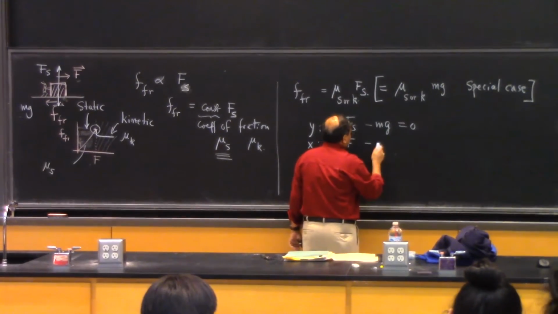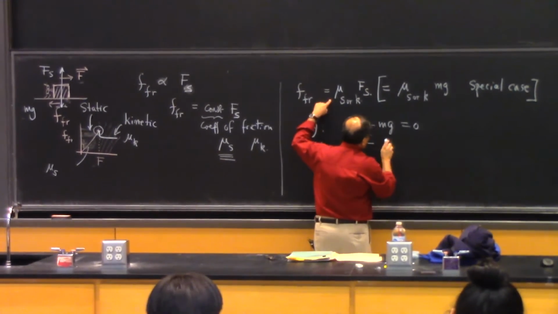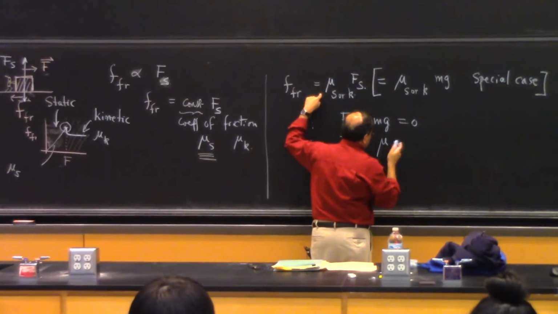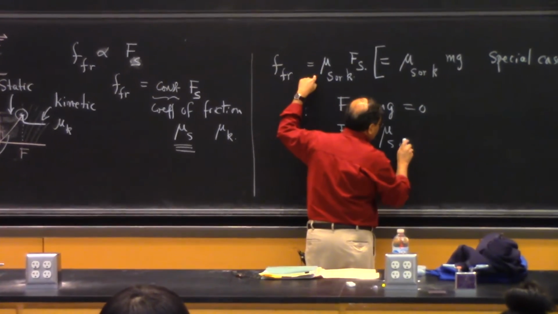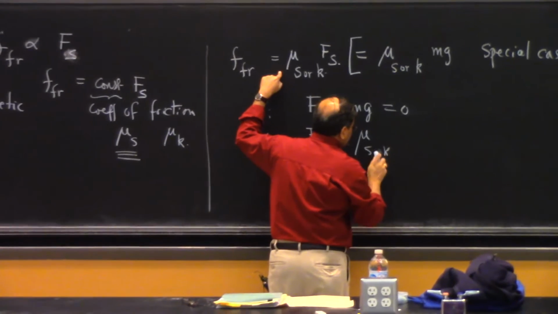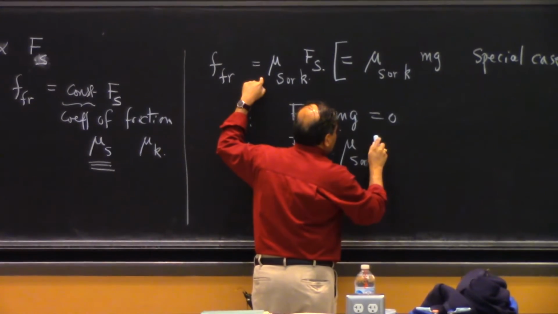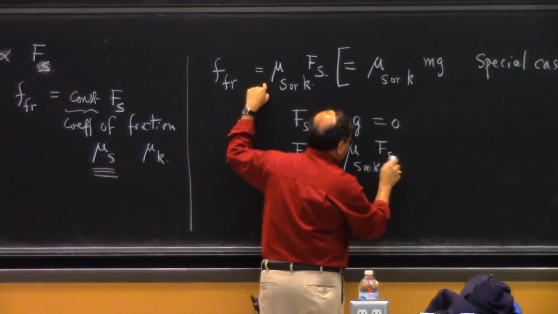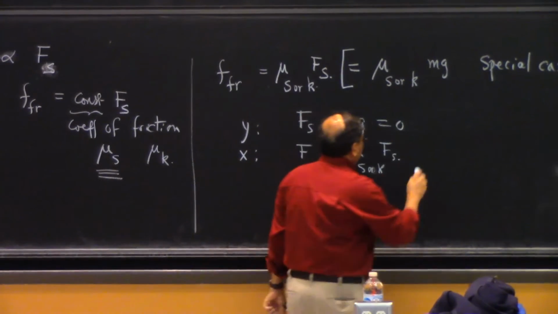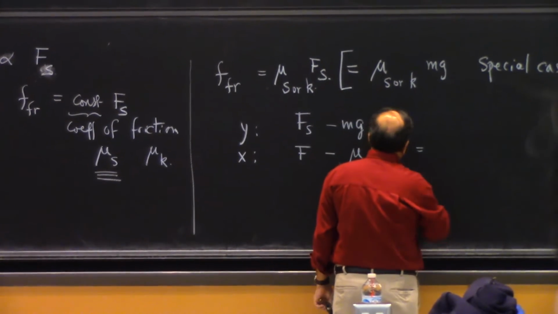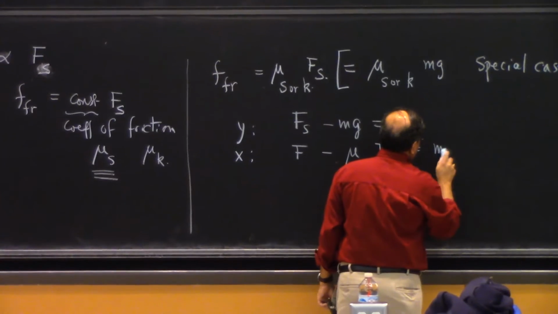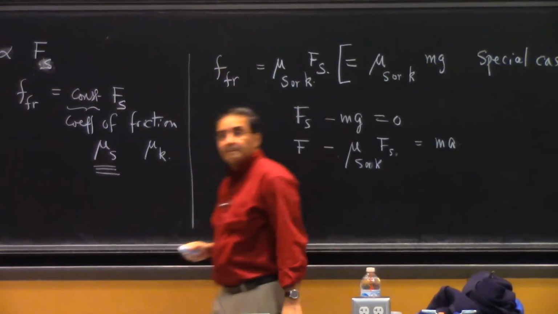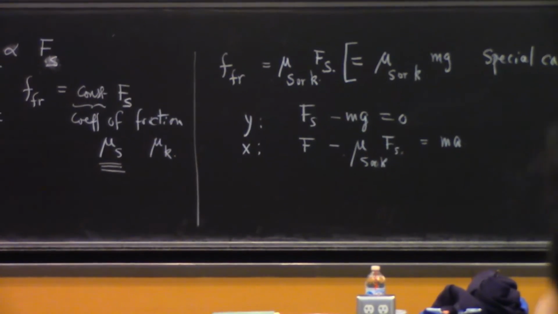So friction force itself, depending upon whether the block is actually stuck or moving, s or k, I leave it to you to take a decision, times Fs. And this must be equal to 0 or ma, as the case may be in general. Any questions so far?